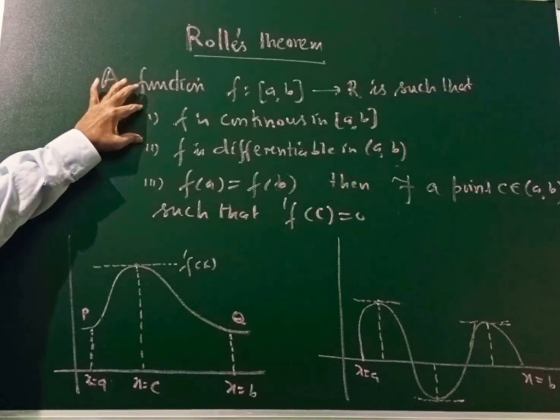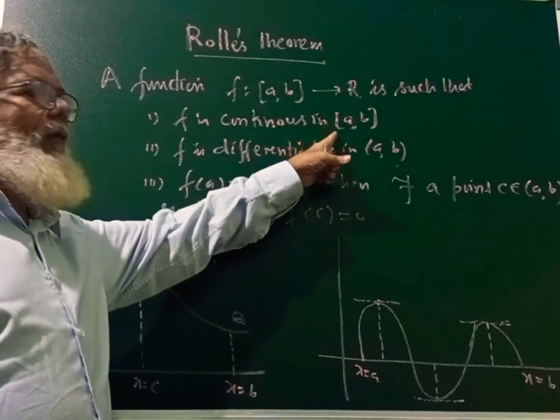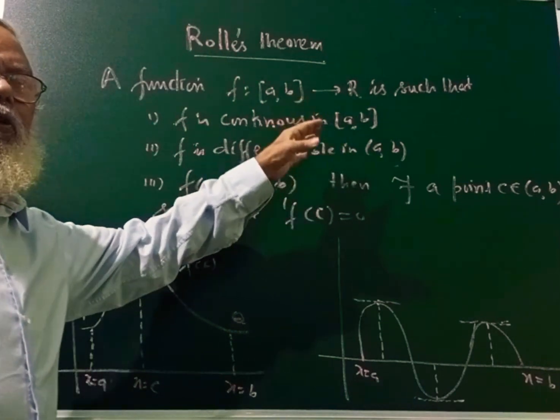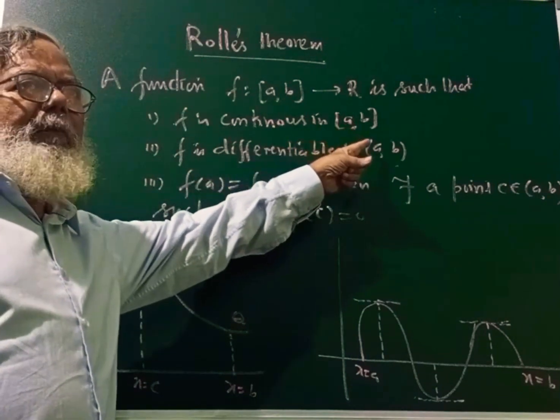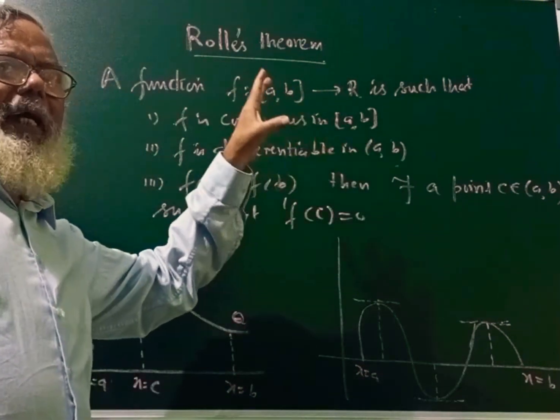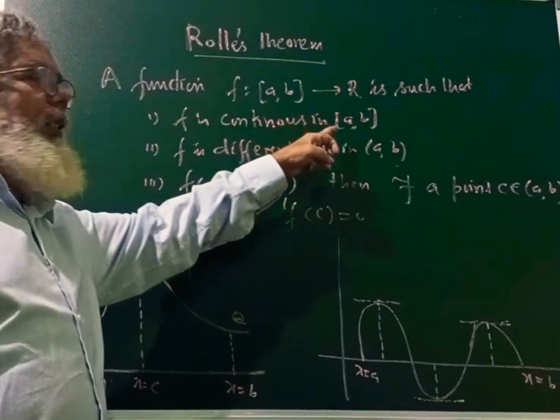The first condition says that f is continuous in the closed interval [a, b]. We know when we say closed interval, it includes all the points in between a and b as well as the extreme points a and b also. So that is called a closed interval.